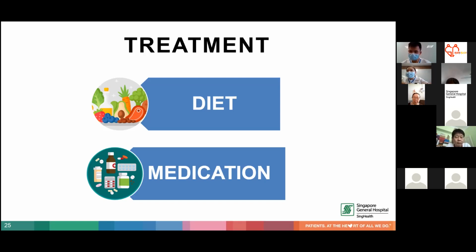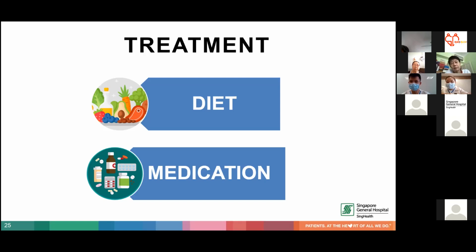The third point, which is not in this slide, is to go for regular screening. By going religiously to see the physician, even if you're not sick, as part of lifestyle maintenance, it will help lower your risk of developing complications and help you manage diabetes better.